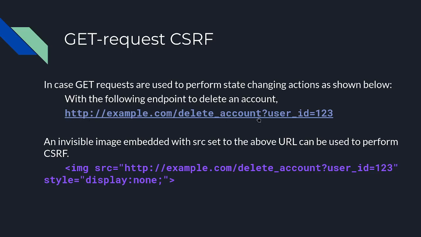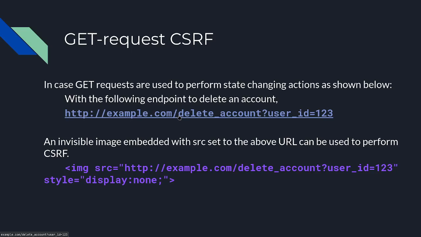Imagine this URL has an endpoint called delete user, and this user ID helps identify which user's account is to be deleted. So now when somebody uses this URL, they would essentially be submitting a GET request to the server and this particular endpoint in order to delete this particular account.